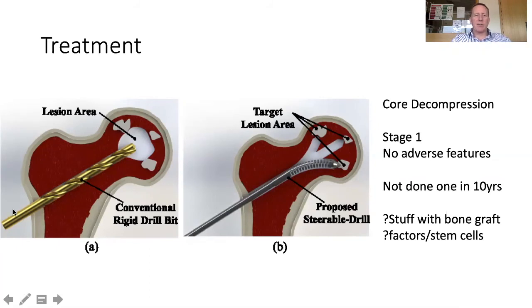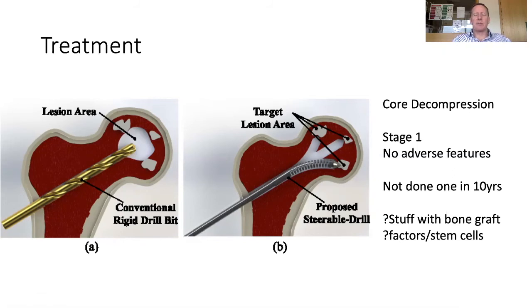Well, it's a long straight drill or multiple perforations with cannulated screw guide wires. I'm worried about that because I think that predisposes you to subtrochanteric fracture. So in my hands, it would be a long straight drill, usually the inside of the DHS reamer, under X-ray control on the AP and the lateral, so that you know you are drilling into the necrotic segment.